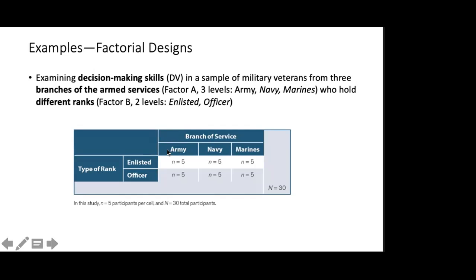That would be your first factor with 3 levels, second factor with 2 levels. And for each individual cell of this design, for each factor level combination, we have a different sample, right? In this case, 5 subjects in each cell, which would be a balanced design. We can also have an unbalanced design where the numbers are different, and our total sample size would be 30.